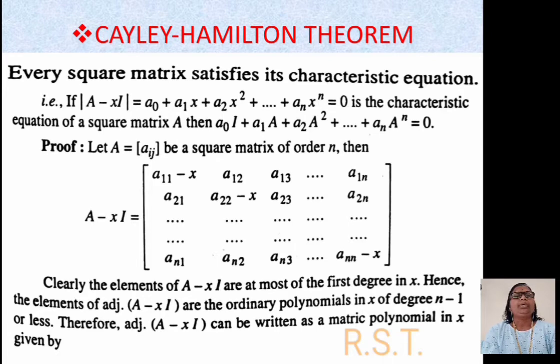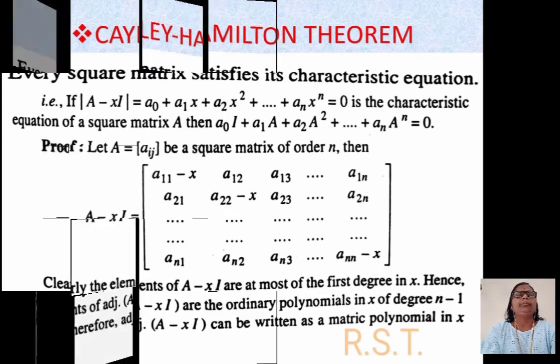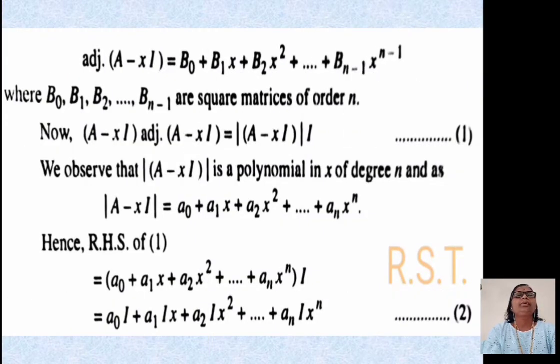Therefore, adjoint of A minus xI can be written as a matrix polynomial in x, which is given by adjoint of A minus xI equal to b0 plus b1x plus b2x squared plus up to b(n minus 1) x raised to n minus 1, where b0, b1, b2 up to b(n minus 1) are square matrices of order n.